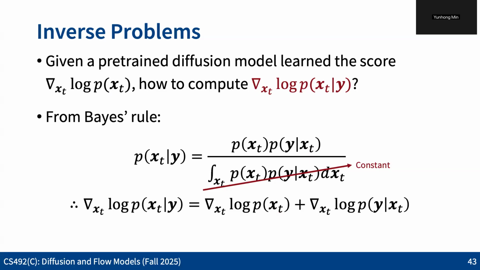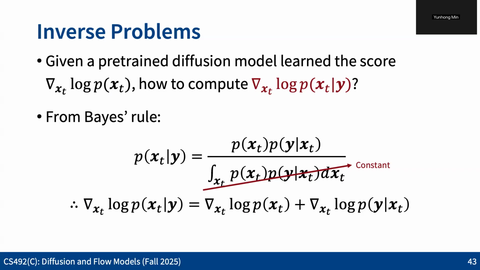So what we want to compute is this conditional score, the score of xt conditioned on y. But computing this conditional score is the same as this one from the Bayes rule, where the marginal score is information that we already know, right?